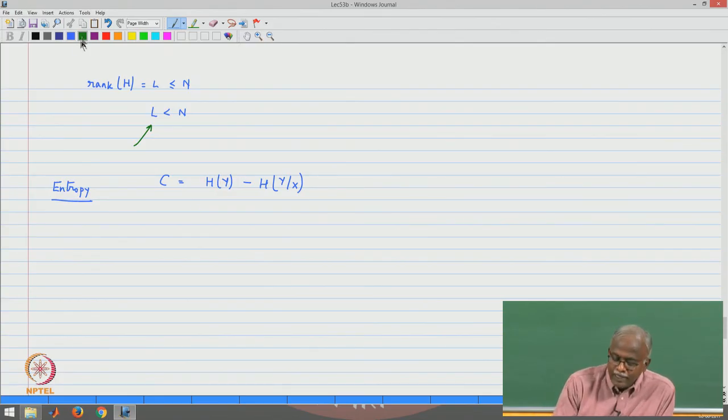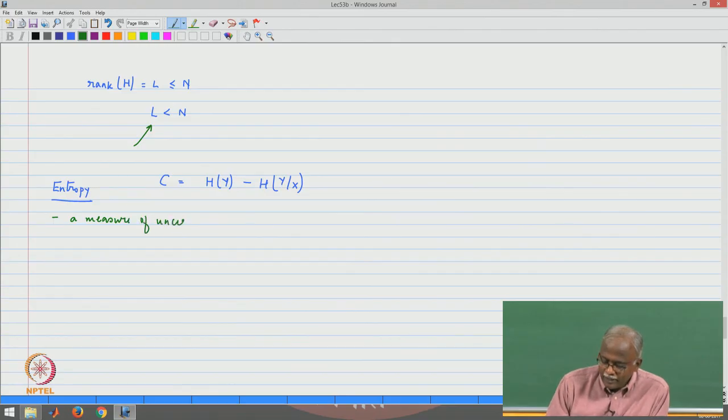So, entropy by definition is a measure of uncertainty, and we can define it in the following way.